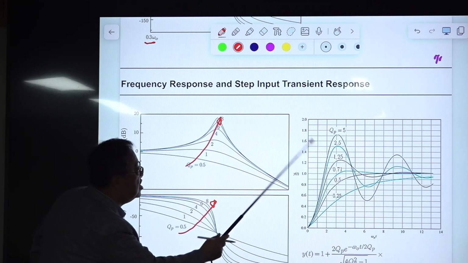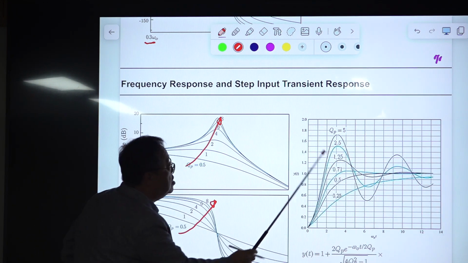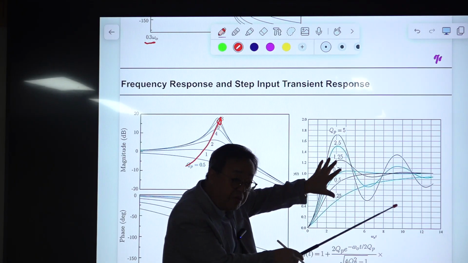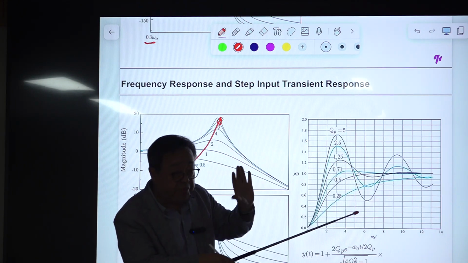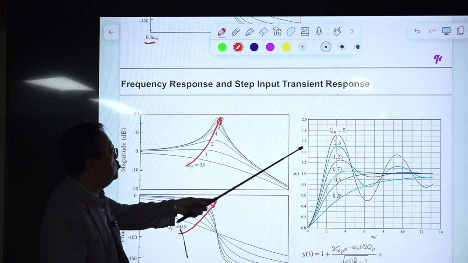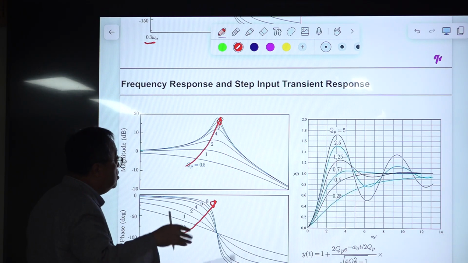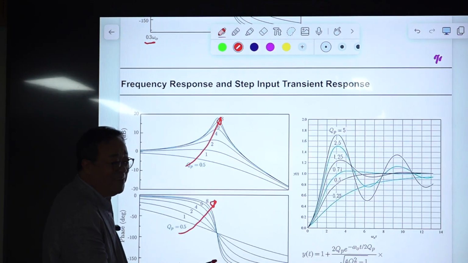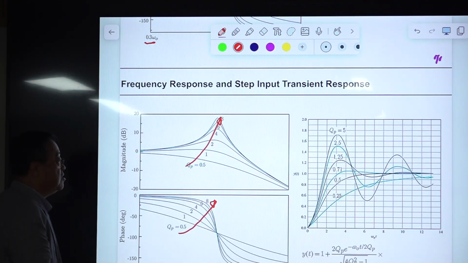If Q is increased, okay, take a look at this direction, this peaking is increasing, but this dying rate remains the same, okay? That depends on something else. The decaying rate depends not only on this QP but on another term. We don't want to go into those details because they are covered more than necessary in those books, okay?